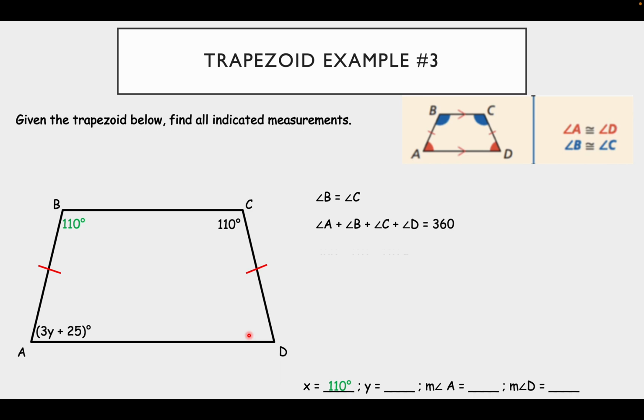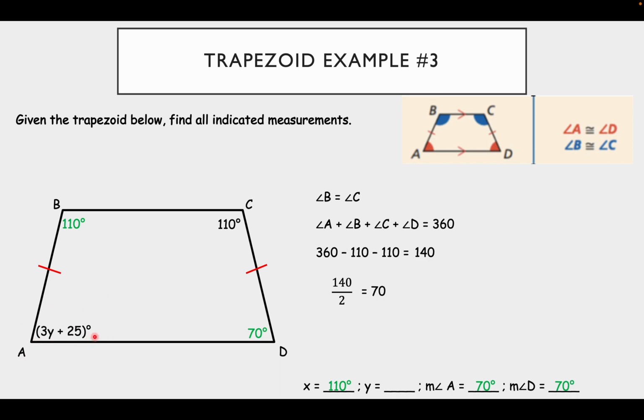So if I add them all up, it's going to be 360. Take away the 2 angles that we have, we're left with 140. So A plus D has to equal 140. They got to be the same, so let's cut 140 in half. So we know that angle D is 70 degrees, and we also know that angle A is 70 degrees.